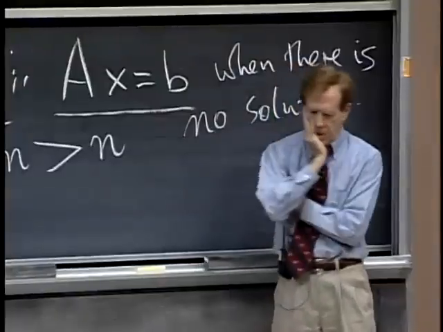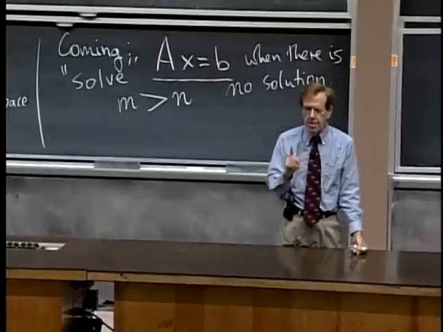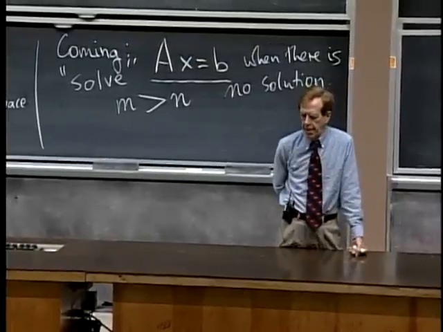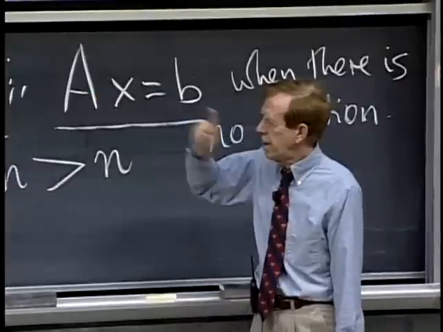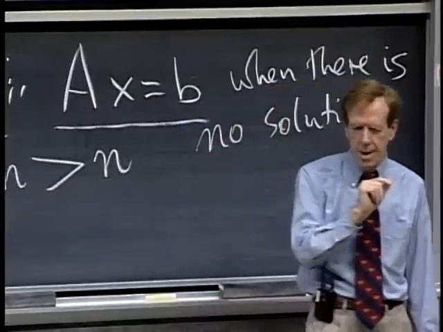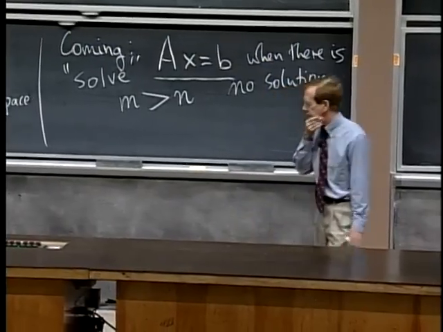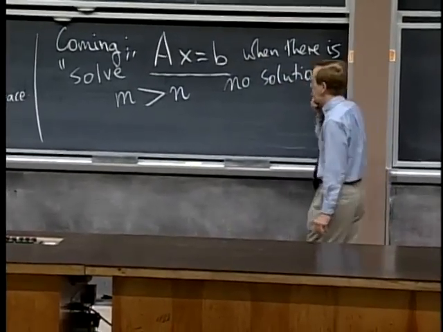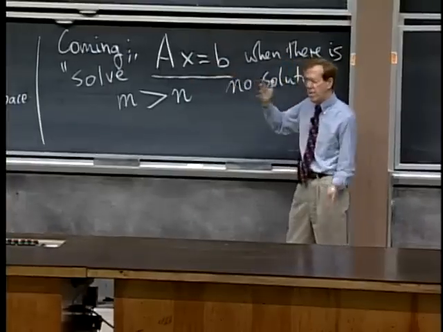But how? Okay. Let me anticipate a matrix that's going to show up. This A is typically rectangular. Chapter 3 was all about rectangular matrices. And we know when this is solvable, you could do elimination on it, right?